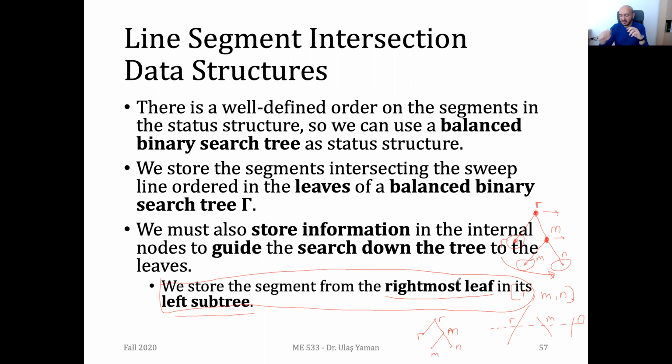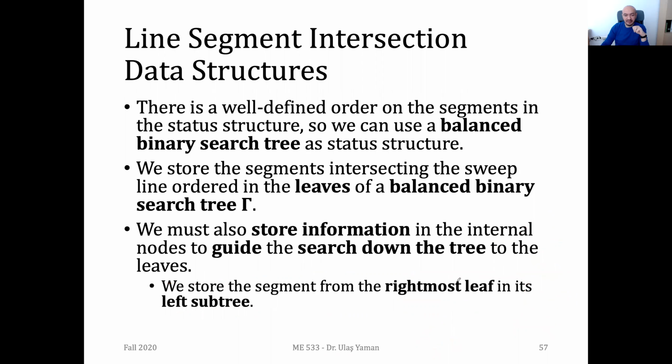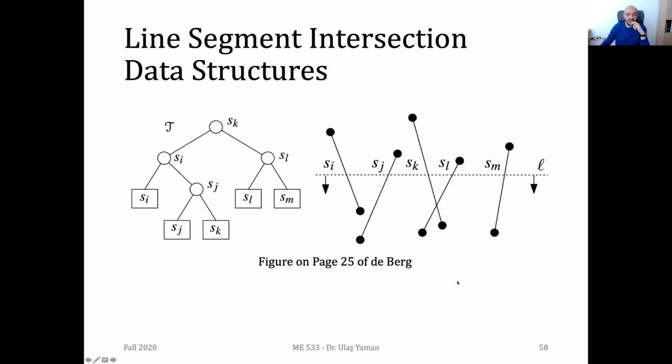This was a very simple example, but in this next slide, we have a more complicated case. So you see we have 5 line segments, and they are all intersecting with the sweeping line.